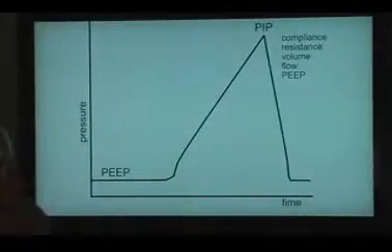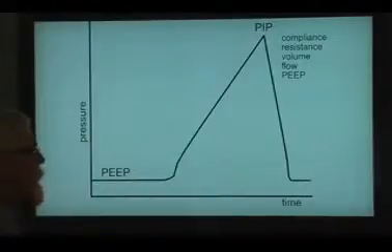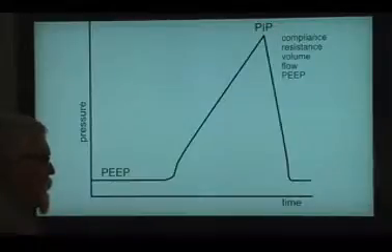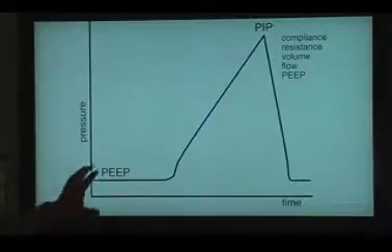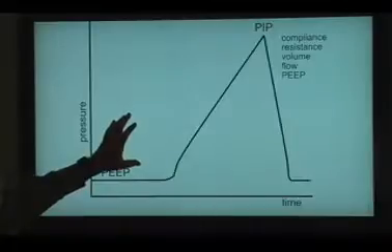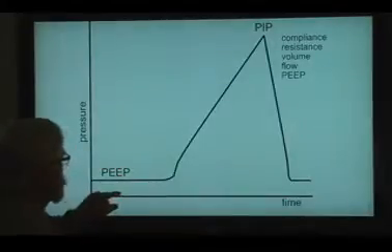Okay, now let's try to translate some of this physiology to our mechanically ventilated patient. In our patient ventilated with constant flow, volume controlled ventilation, the airway pressure waveform should look similar to the one I am illustrating on the slide.